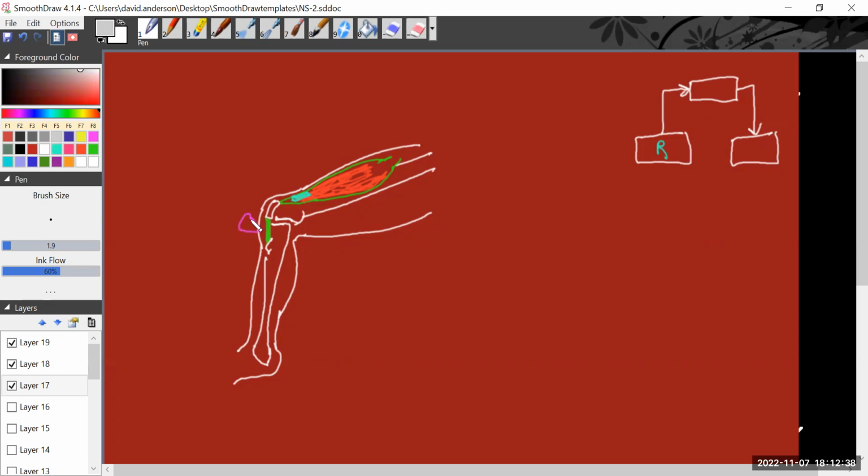Now, some of you have maybe had this done to you in a doctor's office. Some of you maybe not. Have you ever had a patellar tendon reflex test done? Yes. Okay. So you get a reflex hammer and you tap the tendon.